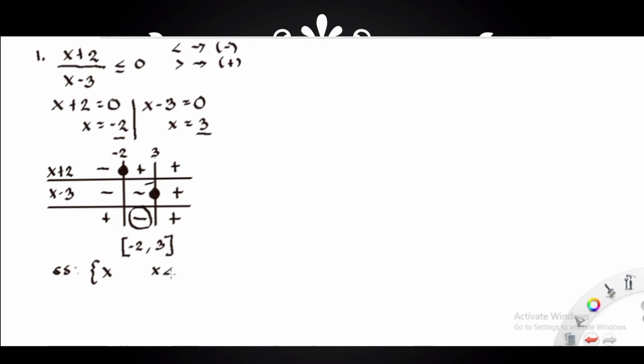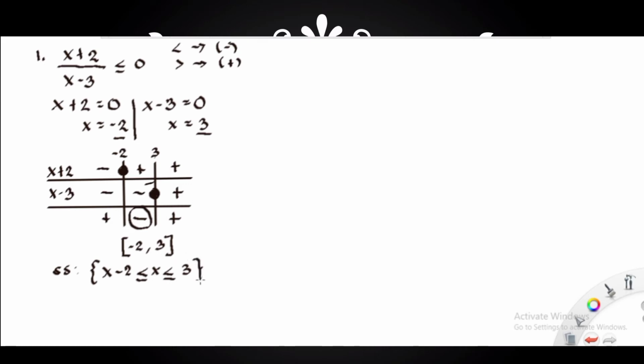At kung titignan natin ay negative 2, itong region na ito ay nasa kanan naman ng negative 2. So, it means na ang value ng x natin ay greater than negative 2. At dahil shaded ito, it means na kailangan nating isulat ang or equal to dito sa symbol natin. It means na kasama ang negative 2 and 3 sa ating solution.